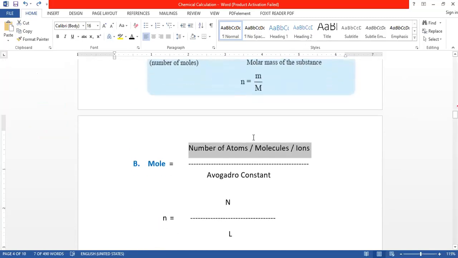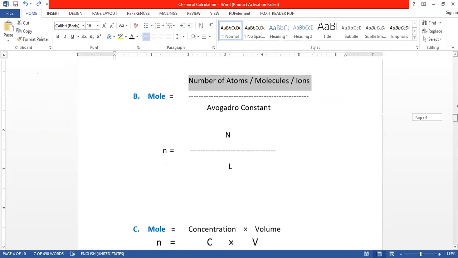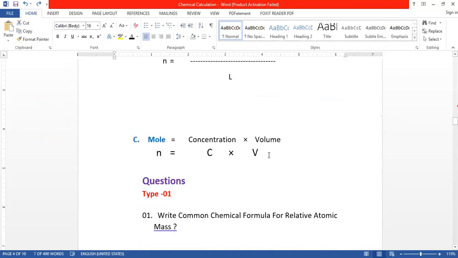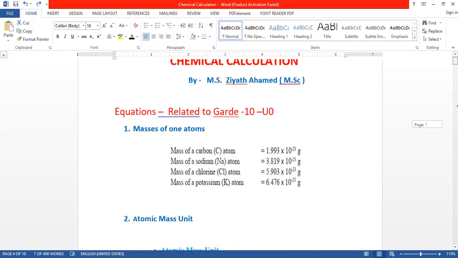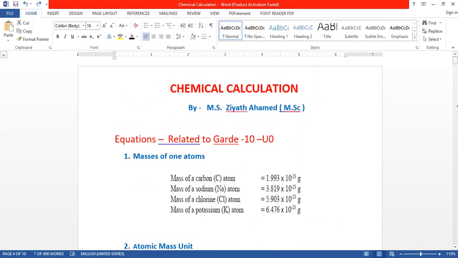Second, mole is equal to the number of atoms or molecules or ions over Avogadro constant. And the third equation, n is equal to CV. That's all. If you know these equations completely, then we can move to the question part.